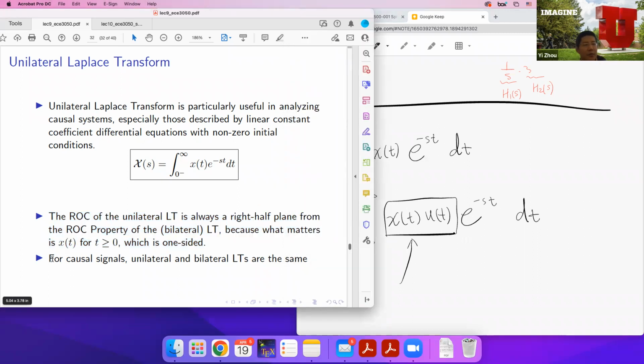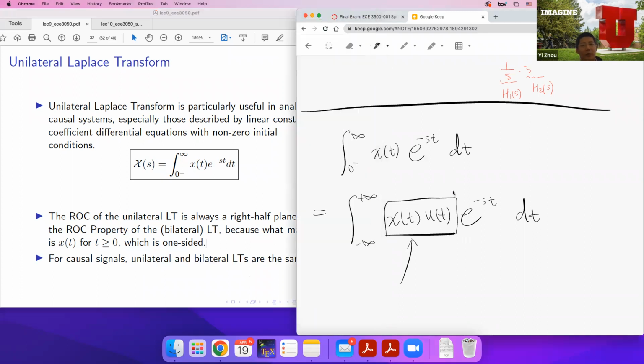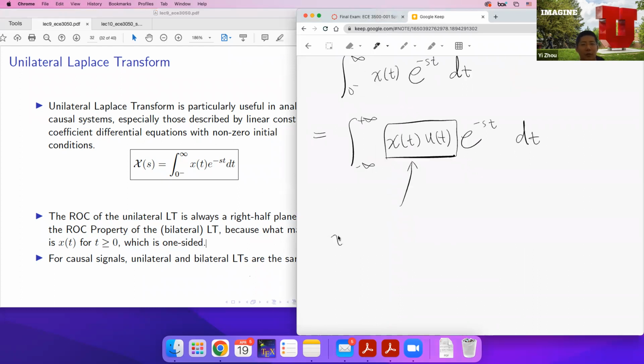Another property is that for causal signals, the unilateral and the bilateral Laplace transforms are the same, because for causal signals, x(t) equals x(t) times u(t).